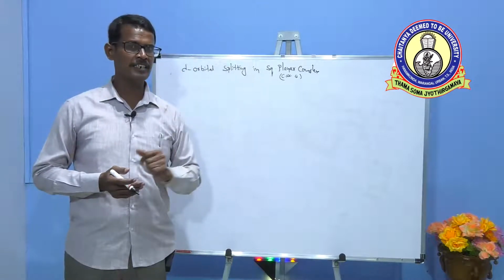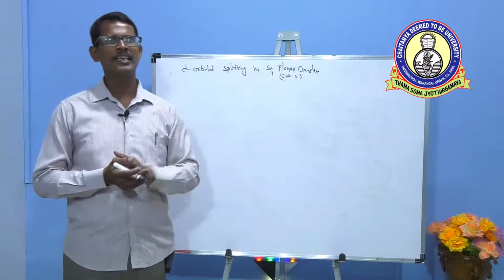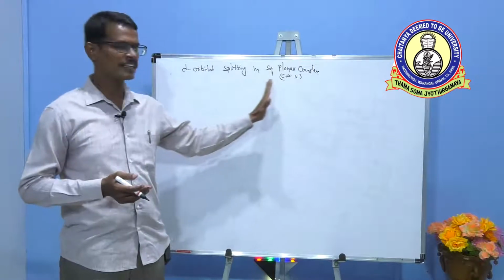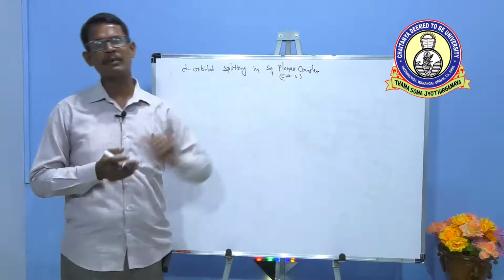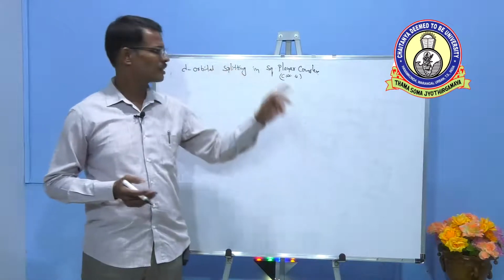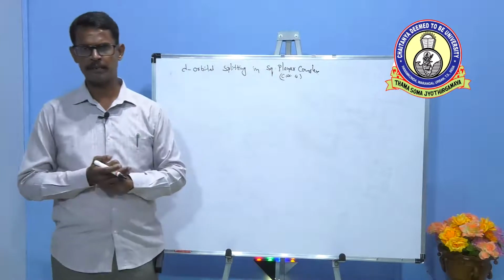This theory explains why certain metal ions adopt a particular geometry in presence of a specific ligand. So here is an example to explain that particular point. This theory never considers a square planar complex as a new geometry.